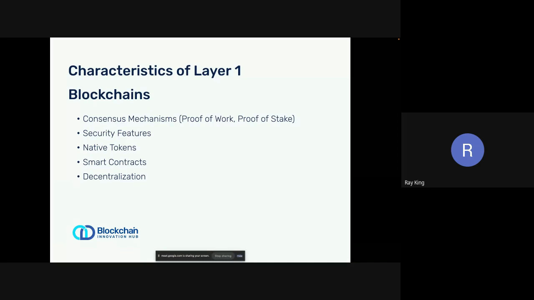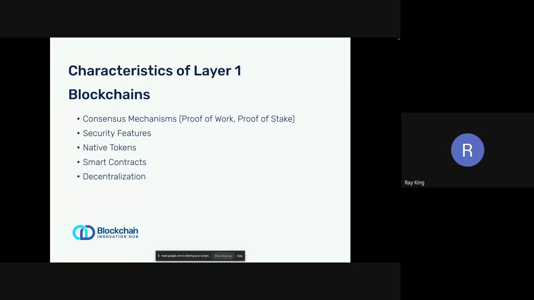The security features include the cryptographic hashes that we have talked about. It also includes the decentralized network, and transparency within the network.